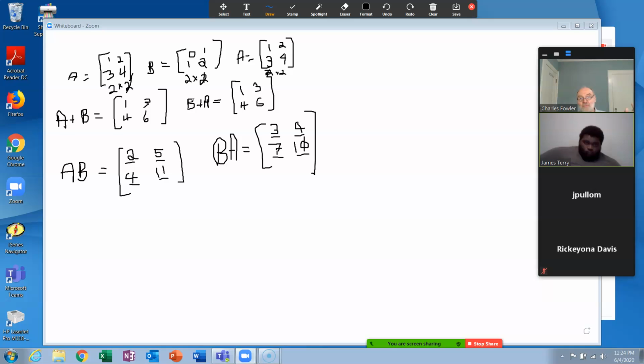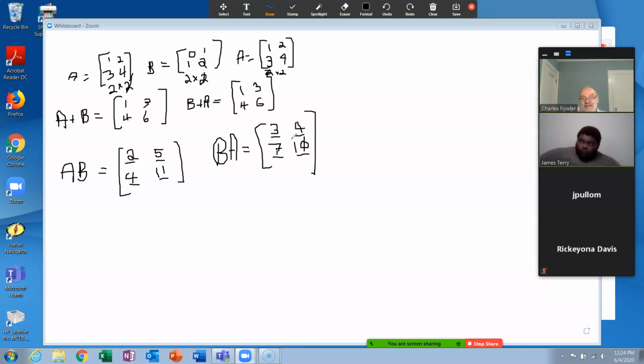Matrix addition is commutative. It doesn't matter which order you add. However, what we've just shown is that matrix multiplication is not commutative, because this product here is nowhere close to the same as this product here. So our conclusion is matrix multiplication, if you can do it, is not commutative.